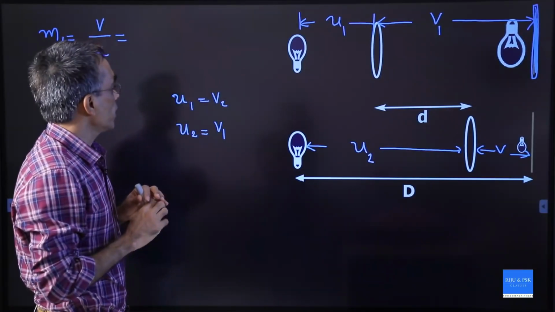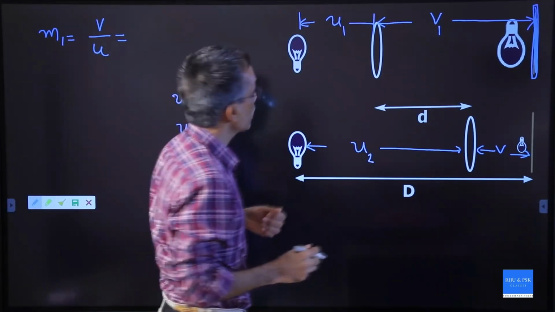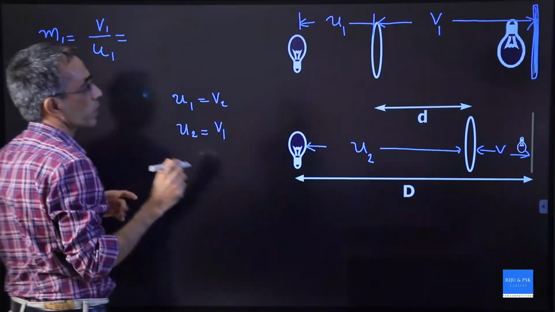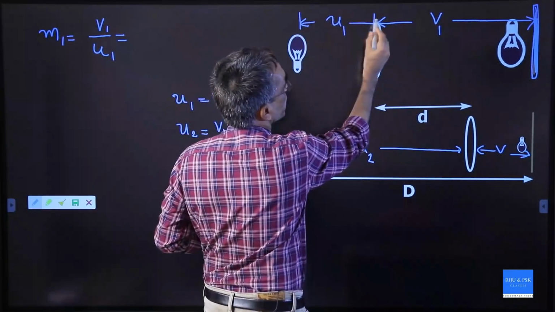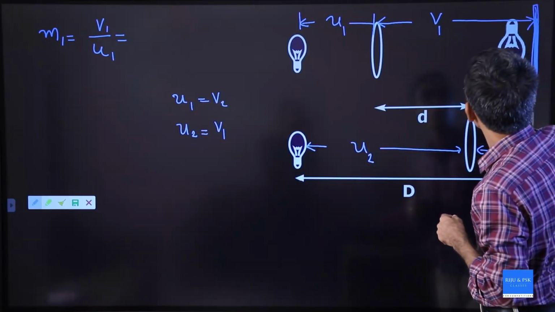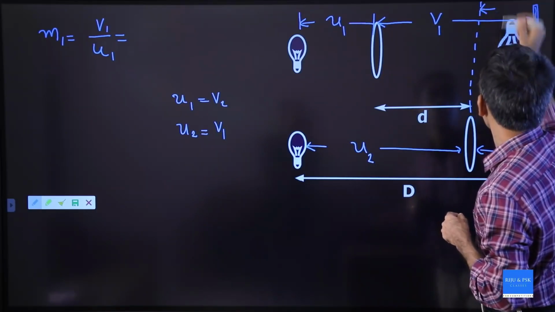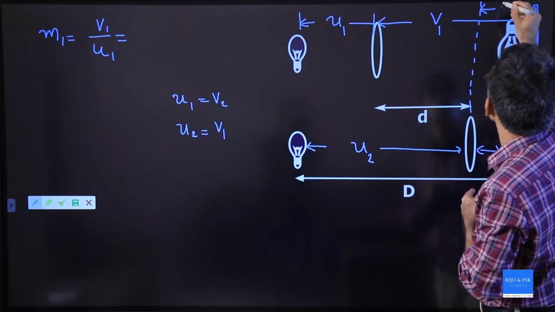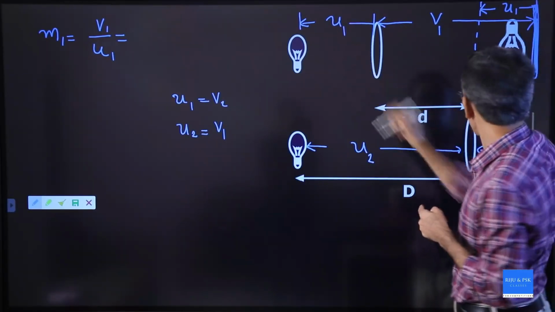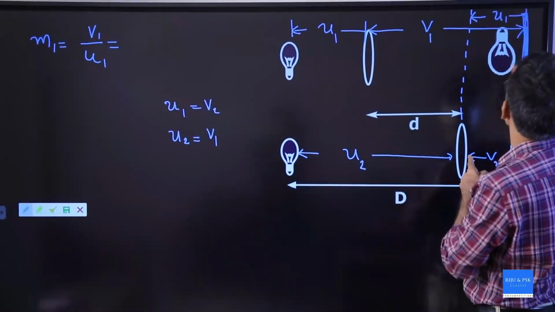Fine. So for the first case, I want to find U1. Magnification is nothing but V1 by U1. Look at the diagram. This is U1. Similarly, if I draw a line to the top, you can see this value will also be equal to U1. Symmetry. I told you U1 equals V2. So this V2 is equal to U1.